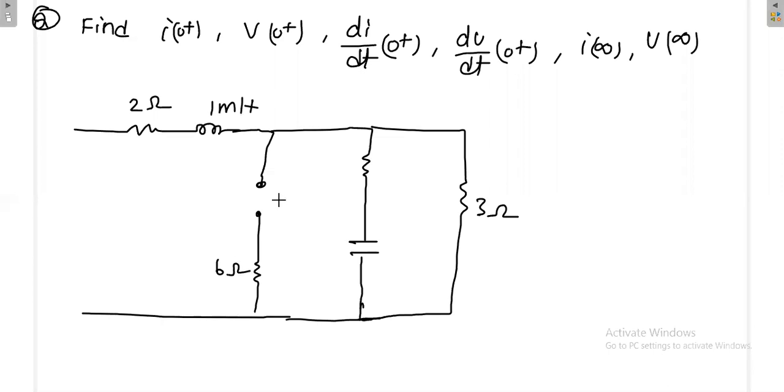The switch is closed at t is equal to 0. This is 1 microfarad. The V means the voltage here, the voltage across the capacitor, they call it as V. Then 400 volt is applied.